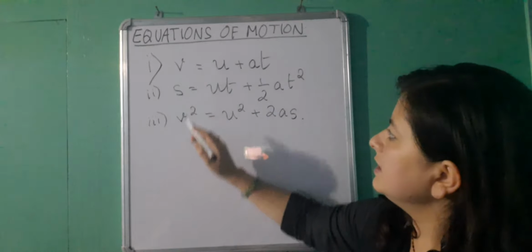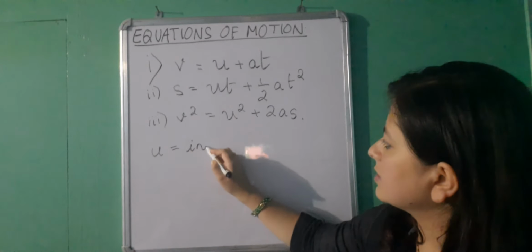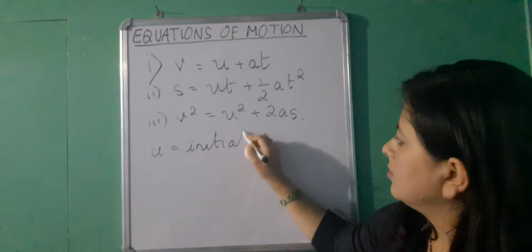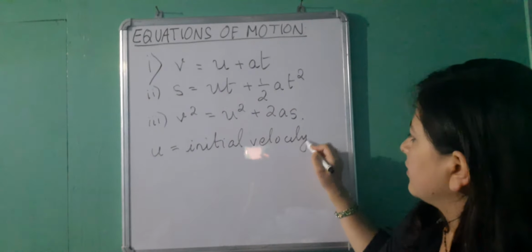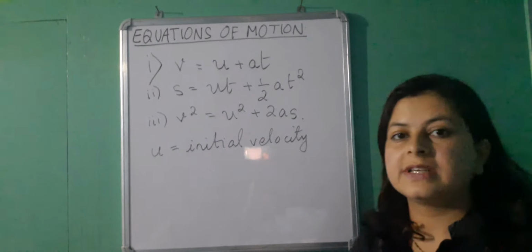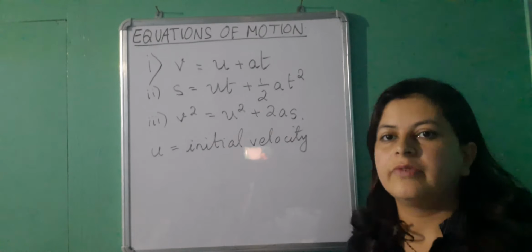These letters mean, firstly, u means initial velocity. Whenever a body is moving, it might start from rest, or we might start the calculation after the body acquires a certain velocity.